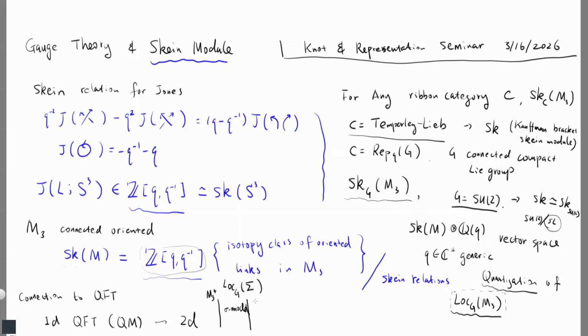And where do these handle bodies appear? So character varieties, why does it look like this? One way to view this is as intersections of two Lagrangians in the character variety associated with the Riemann surface. So one has the three-manifold M3 with some Heegaard decomposition, cut along a Riemann surface.